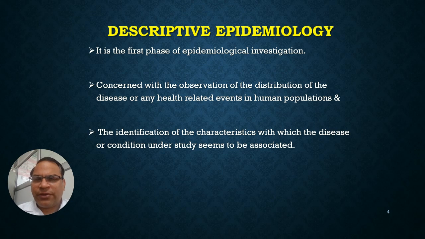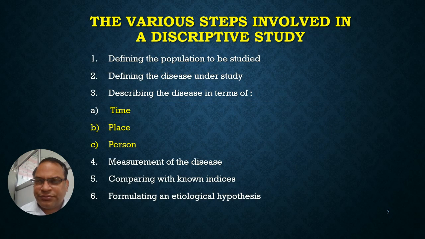So what is descriptive epidemiology? It is the first phase of epidemiological investigation concerned with the observation of distribution of the disease or any health-related events in human population, the identification of characteristics with which the disease or condition under study seems to be associated.